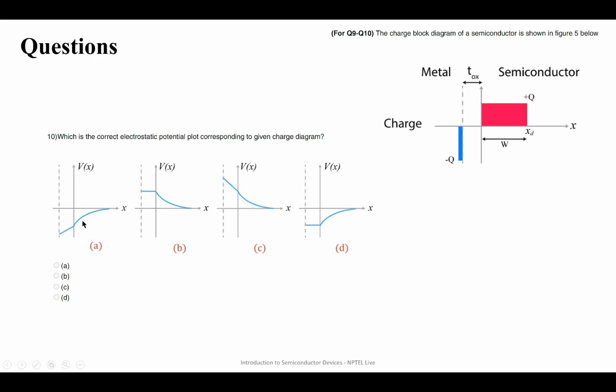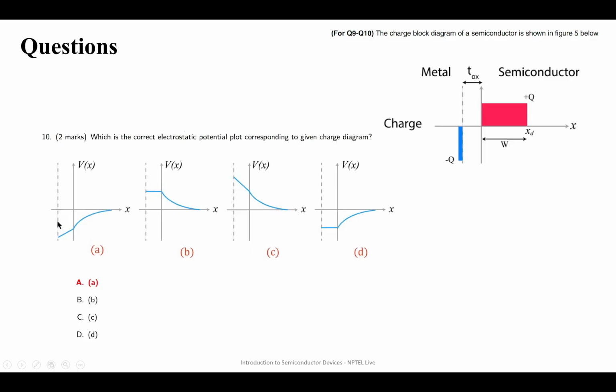And where there's a linear line, when you integrate it, you will have a quadratic line. Since there's a negative charge at the metal, the applied potential is negative, so the built-in potential difference here should be negative. Hence A is the right answer.